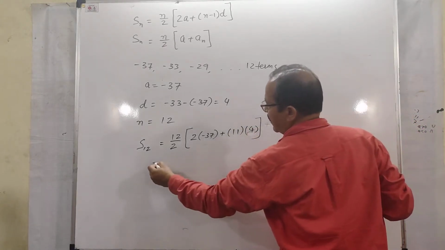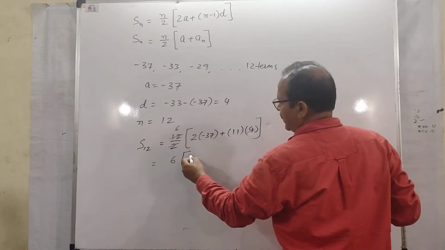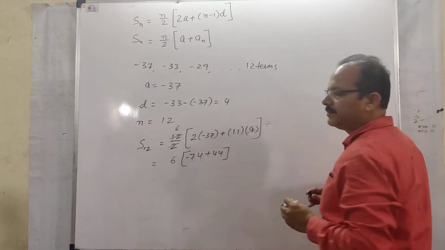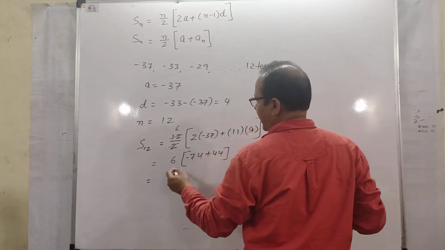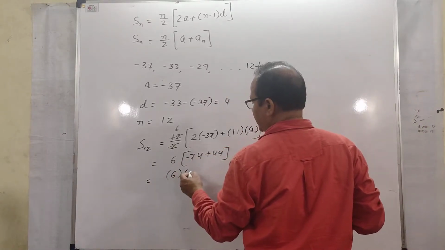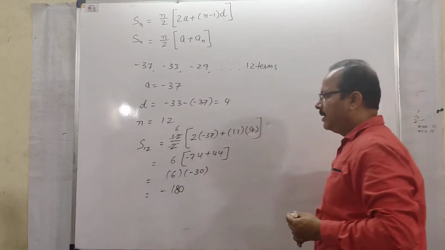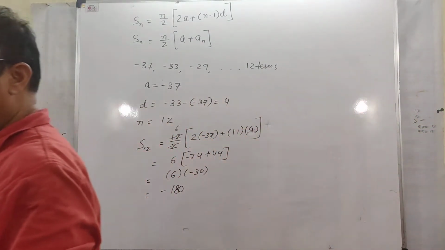So in this way, you will be getting 6 into minus 30, and that is minus 180. So this will be the answer which you will be getting by using the formula.